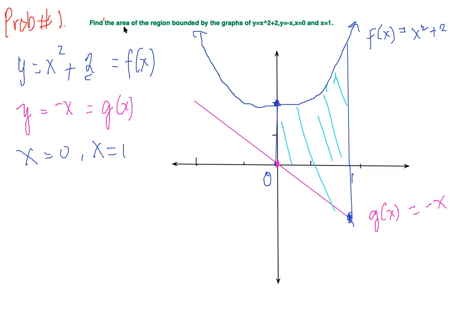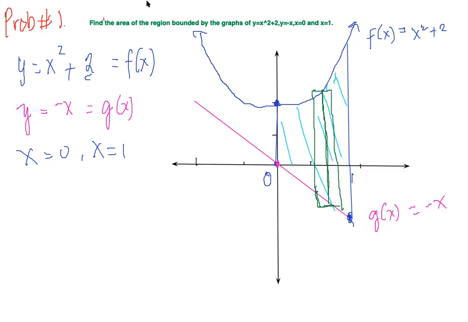So let me use another color, green. So let's say our rectangular strip is here. Something like this.